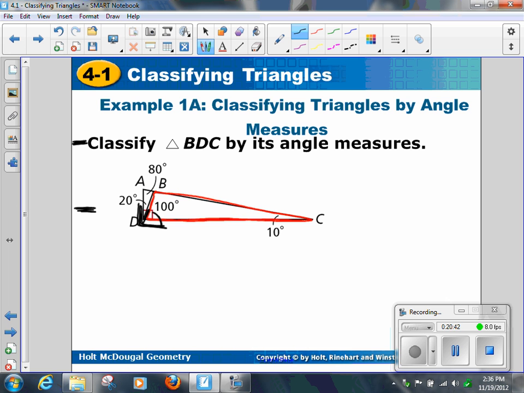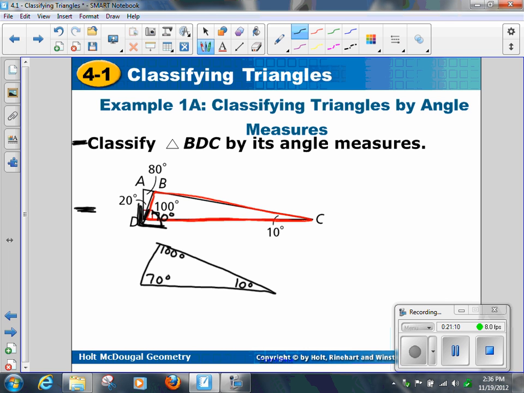What's this piece have to be? Why does it have to be 70, Lauren? If this little piece is 20 and the whole thing is 90, then this piece right here has to be 70 degrees. So what I'm actually looking at, I want you to draw this, is a triangle that has 100, 70, and 10.